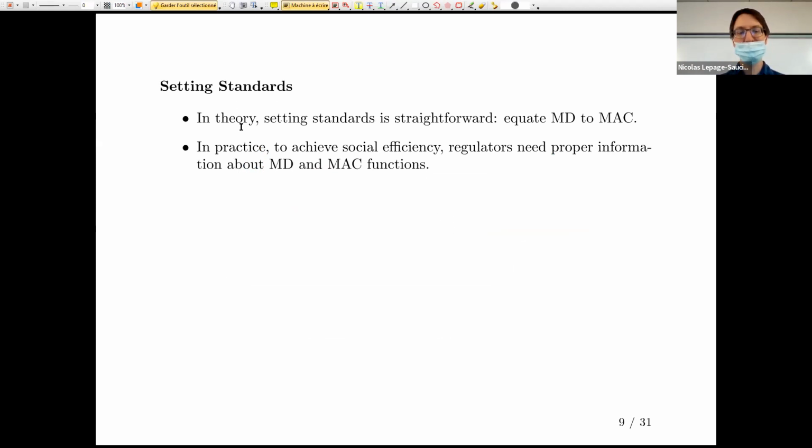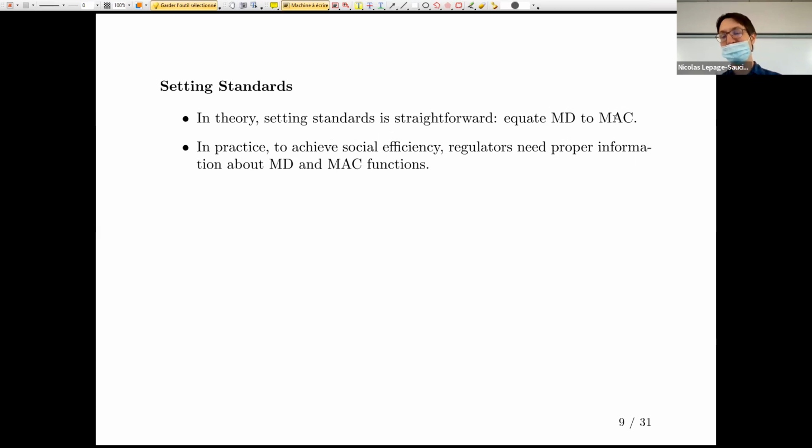So setting standards, in theory, you just set marginal damage equals marginal abatement costs. In practice, there might be different ways in which it doesn't work well, especially if you have heterogeneous damages or heterogeneous abatement costs.